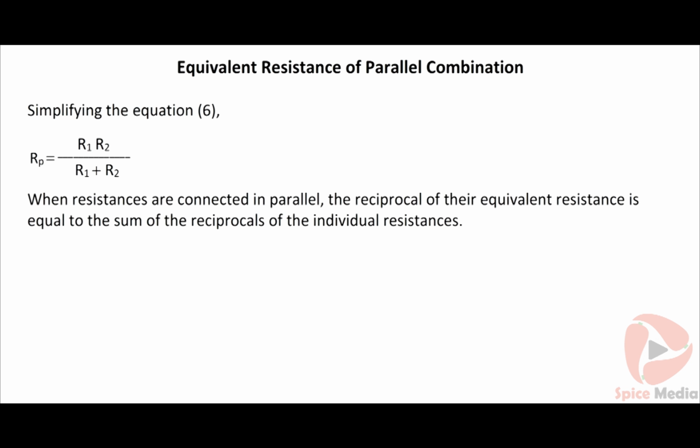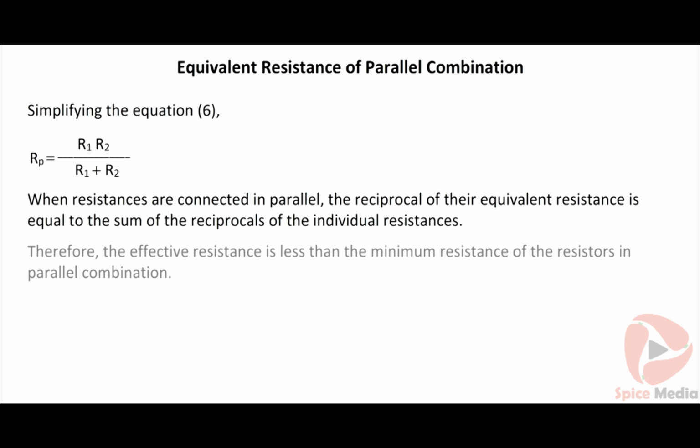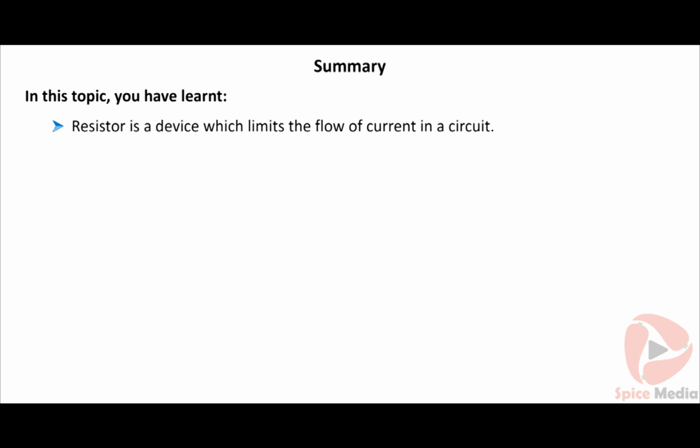When resistances are connected in parallel, the reciprocal of their equivalent resistance is equal to the sum of the reciprocals of the individual resistances. Therefore, the effective resistance is less than the minimum resistance of the resistors in the parallel combination. In this topic, you have learned a resistor is a device which limits the flow of current in a circuit.